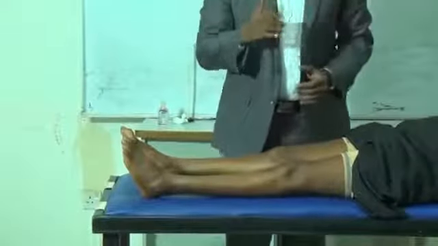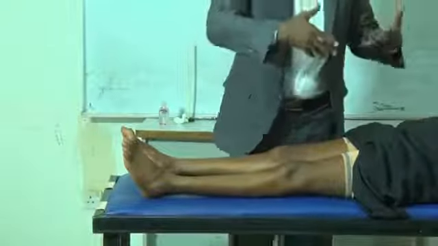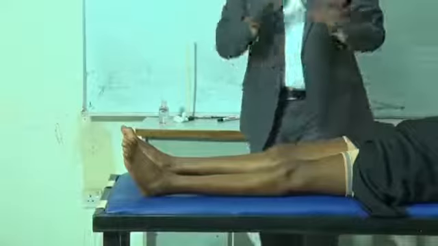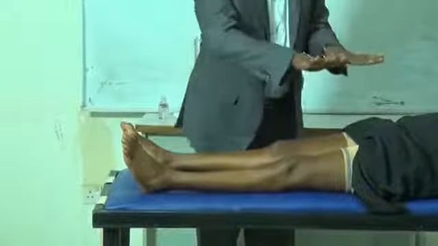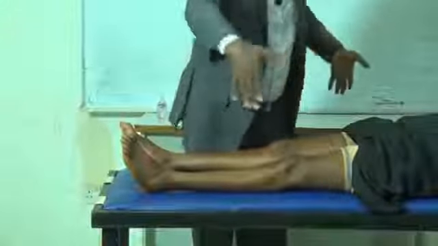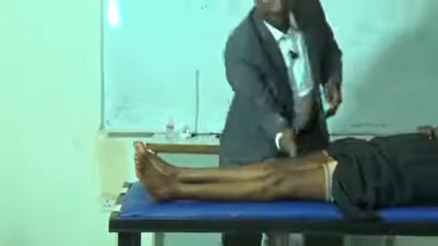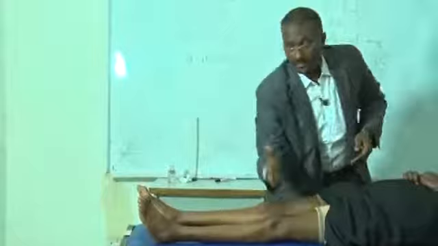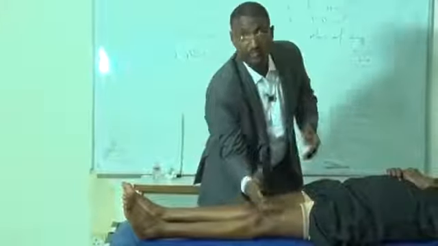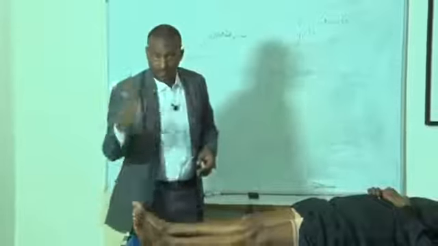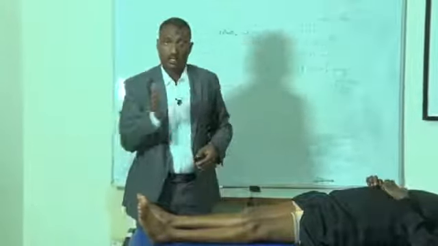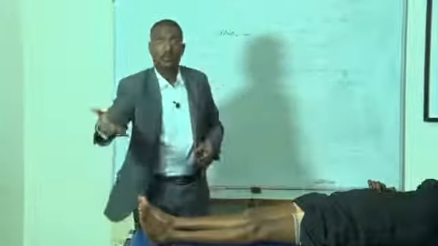To check for power against the movement, against gravity. Then I will come to check against resistance. Up and down, out and in. This is around the hip. Around the knee, flexion, extension, around the ankle, in, up, down, out and in.